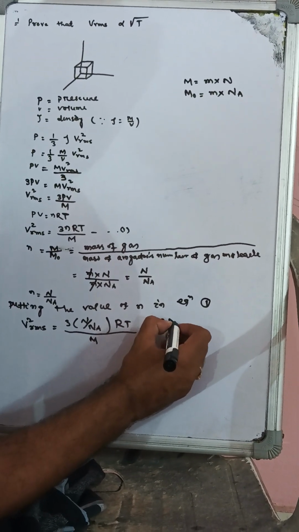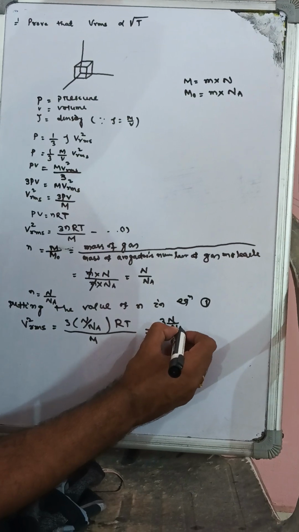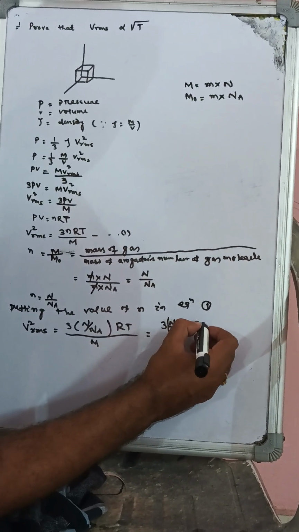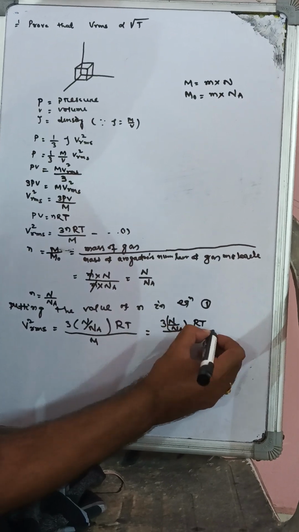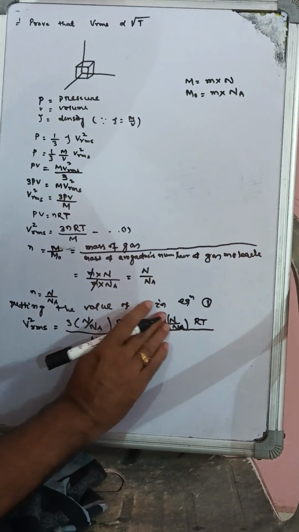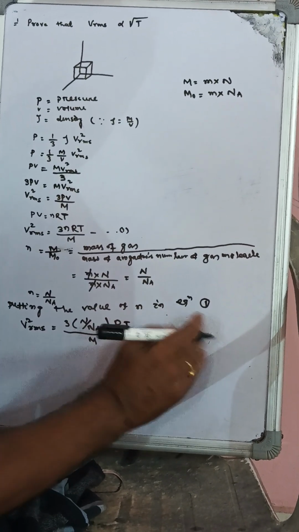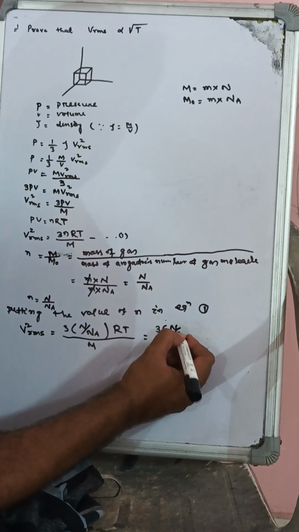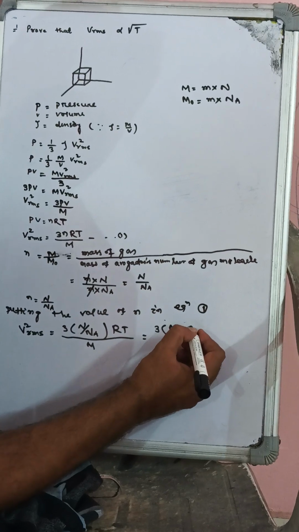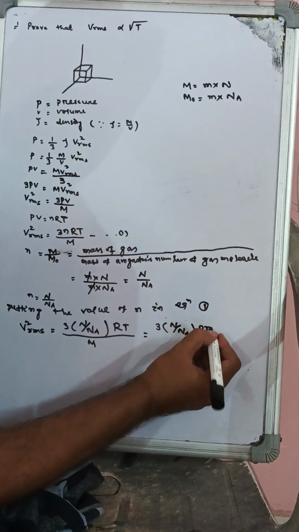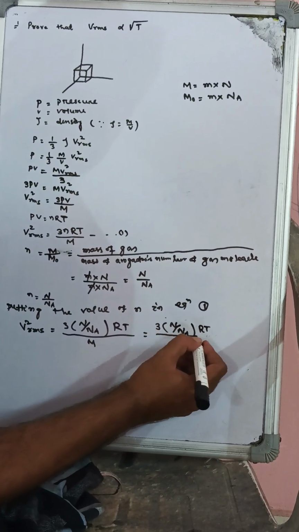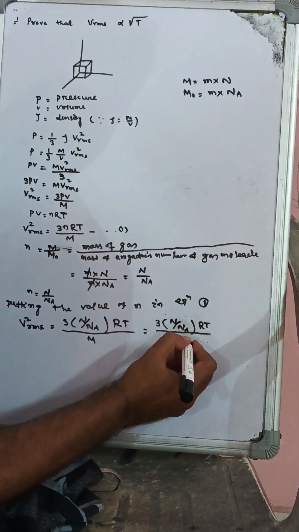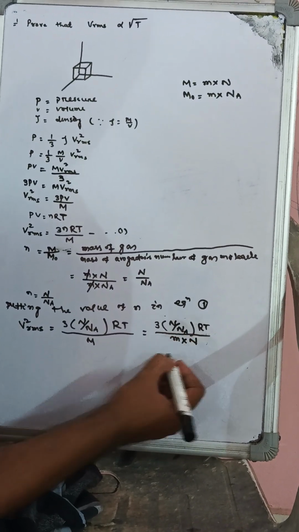Then 3 into N by Na, Avogadro's number, into RT divided by capital M, we write N into m into N.